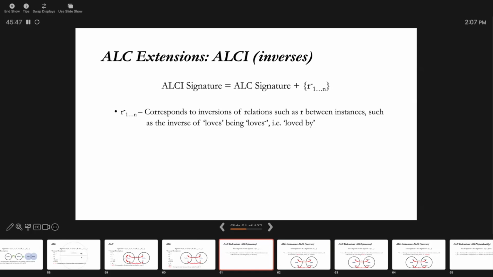If John loves Mira, my daughter, it should follow that Mira is loved by John. Not that Mira loves me, she does, and I am loved by Mira. So loves is not symmetric, but inverse seems right.